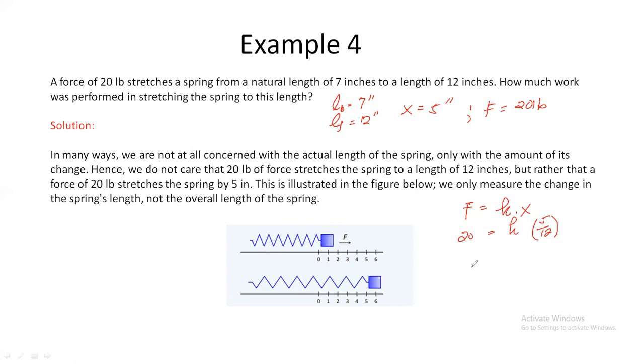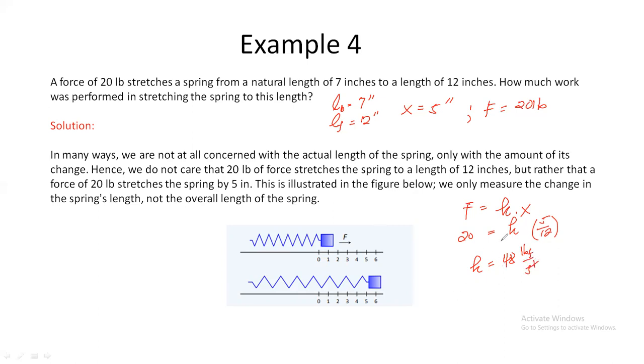So you will have a K value now equal to, check, what's your K value? 20 times 12 divided by 5. Your K value is 48 pound force per foot.